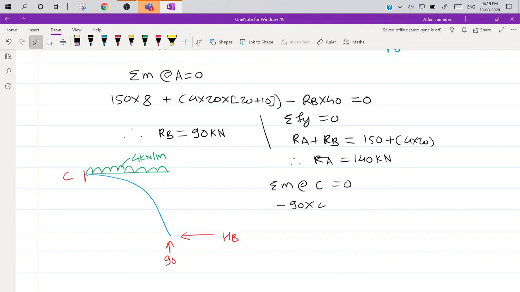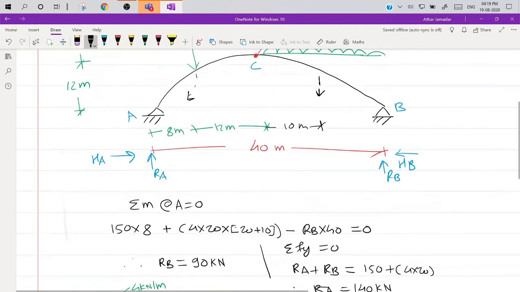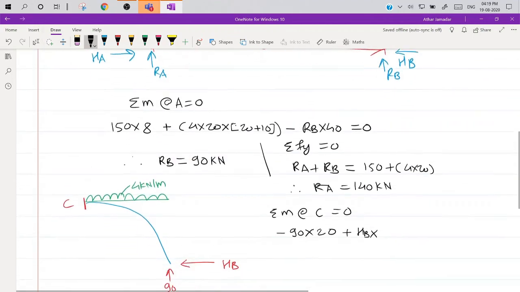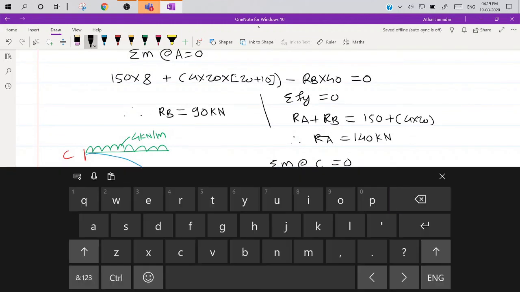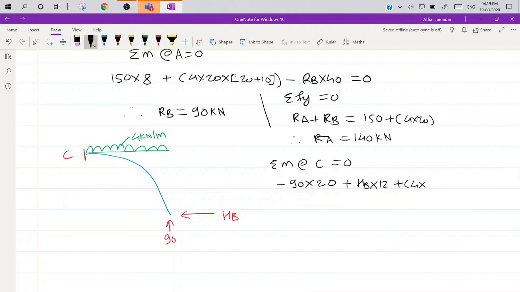So minus 90 into 20 plus Hb into the rise of the truss, which is given as 12 meters, so plus Hb into 12, plus this 4 into 20 into 10. That means the moment of the UDL is going to be 0.